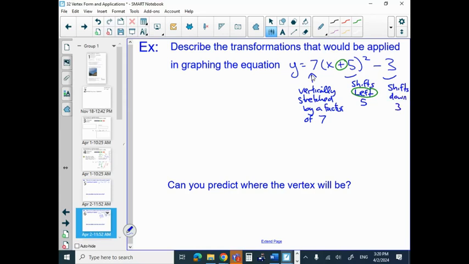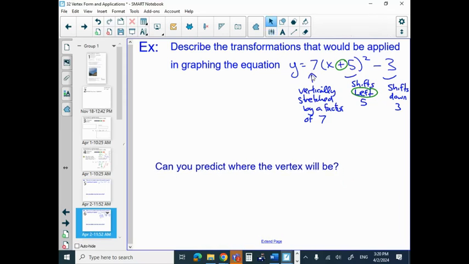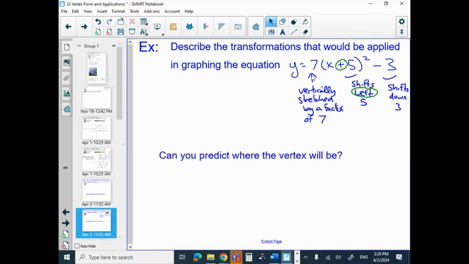Down 3. Okay, so based on that, if you had a vertex, let's do this. Let's think of the vertex is normally at 0, 0. Right, so this is the normal vertex. And so we're shifting to the left 5 steps. 1, 2, 3, 4, 5, and down 3.